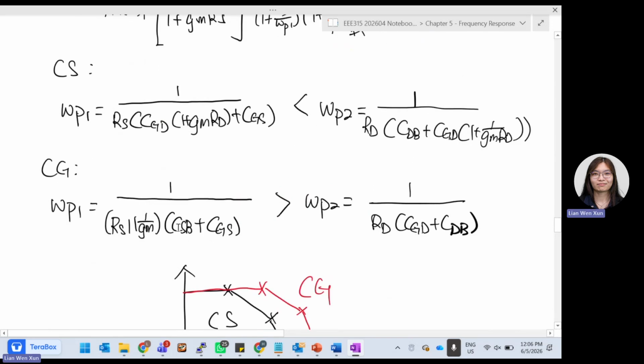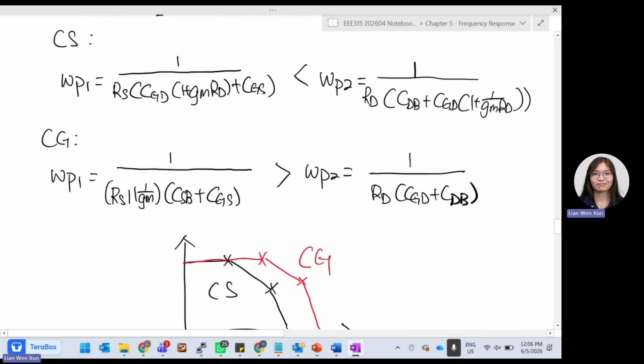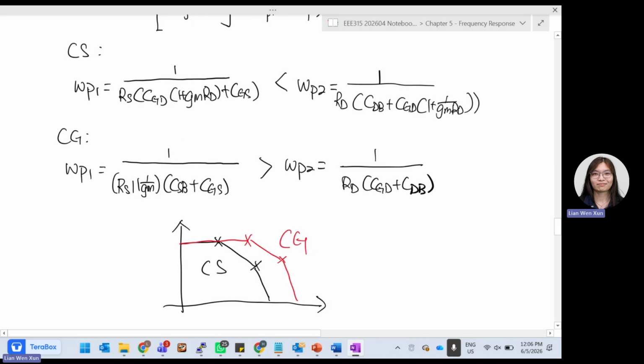So let's compare 2 types of amplifier, common source and common gate. We've copied out the omega P1 and omega P2 for both. You will realize that if you compare only omega P1, the common gate omega P1, if you use the same transistor type, will generally be larger than the common source omega P1.